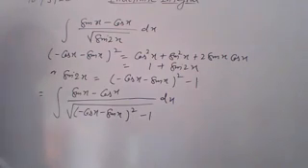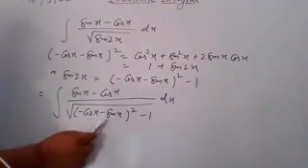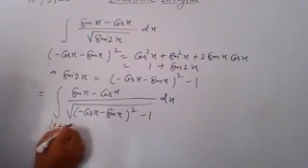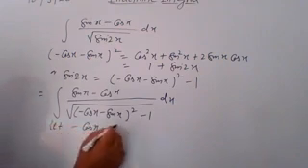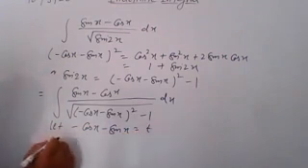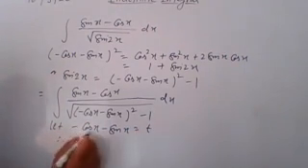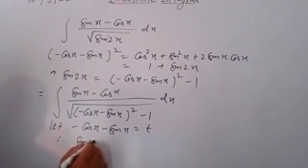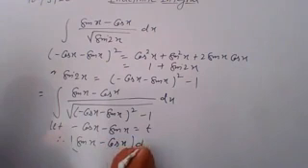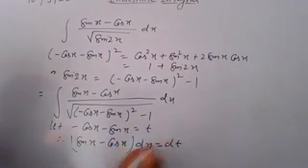Yes, sir. Now assume minus cos x minus sin x is equal to t and differentiate it. No doubt you have your numerator part. Let minus cos x minus sin x be equal to t. The differentiation of minus cos x is sin x, and minus sin x gives minus cos x, so (sin x minus cos x) dx is equal to dt.